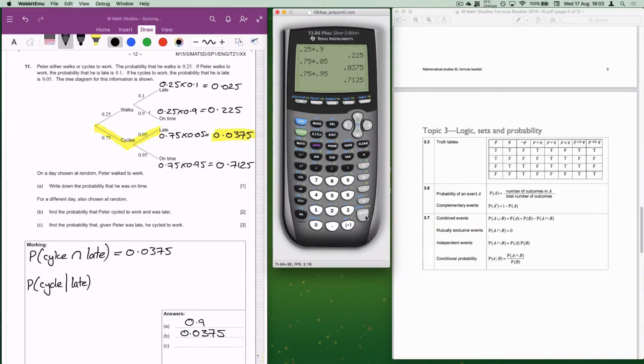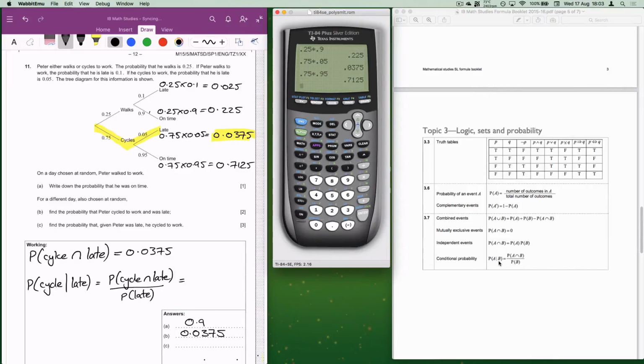And this is actually a formula, and it's in our formula booklet. If we go and have a look here in topic 3, in 3.7, conditional probability, A given B. So on the top, we're going to have the probability of cycle and late, and underneath the probability of late.